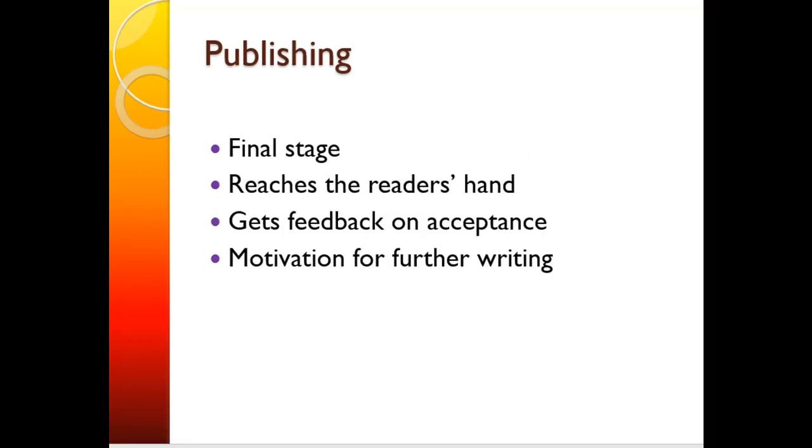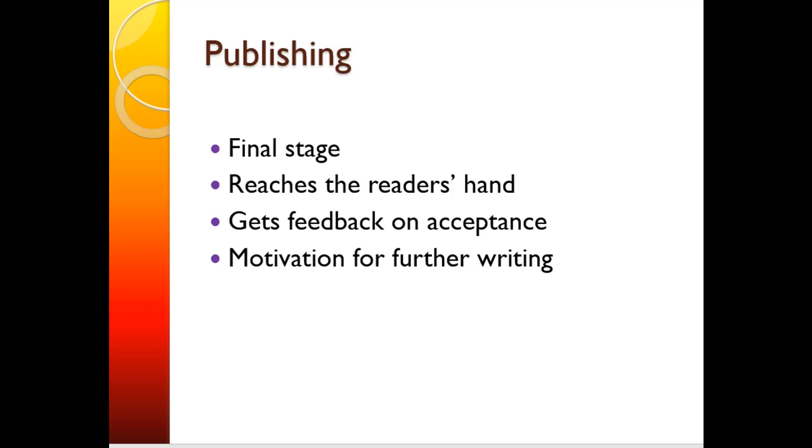Publishing is the stage where the text becomes complete. It's a stage where the text reaches the hands of readers. It's a stage where the writer realizes his goal. It's a stage where the writer gets his product delivered to readers. It's a stage where the writer gets access to a wide range of readers.